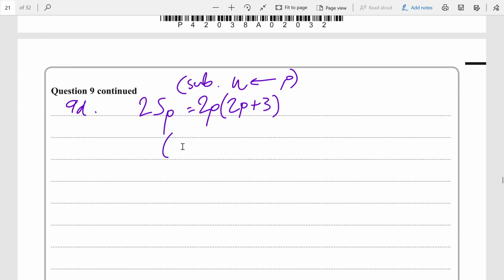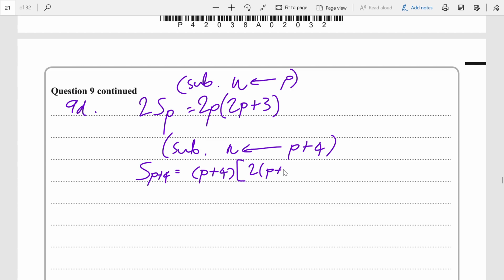And then substituting n in for p plus 4, we'd get the sum to p plus 4 will be equal to (p plus 4) times (2 times (p plus 4) plus 3).